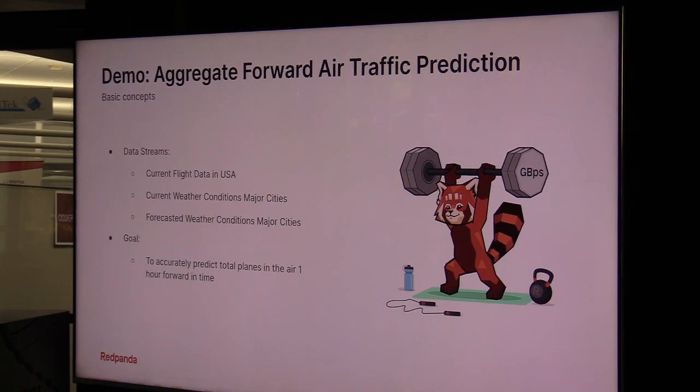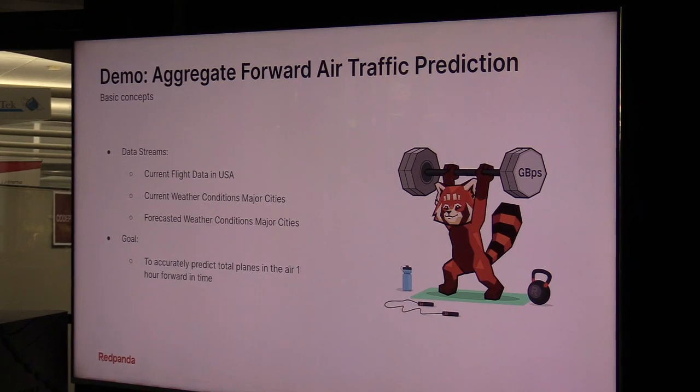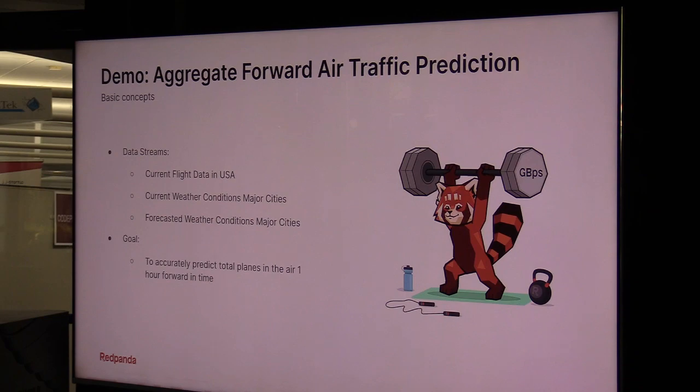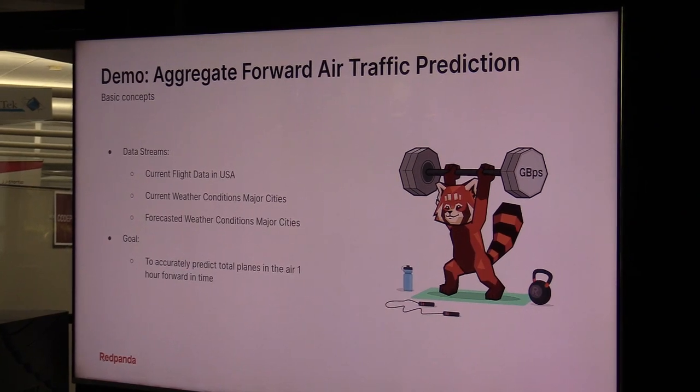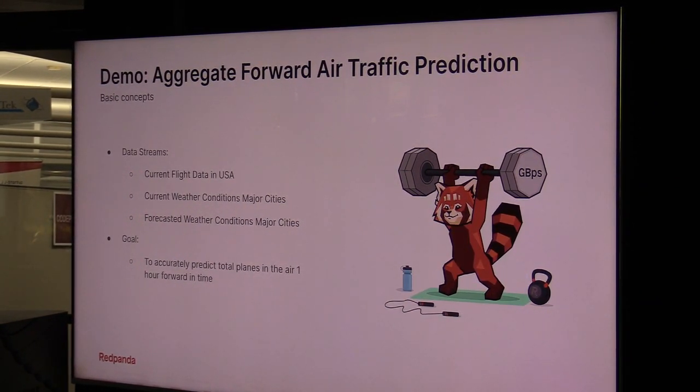Now, I know the forecast data is inaccurate, but I can use that because that's information about the future. It might not be perfect, but I will know that at the time of scoring. So my goal then is to try to accurately predict how many planes are in the air 1 hour forward in time. Notice one of the things missing from this, I didn't take the plane schedules, that's too easy. If you have the actual plane scheduling data, it's helpful, but I didn't want to do that for this.